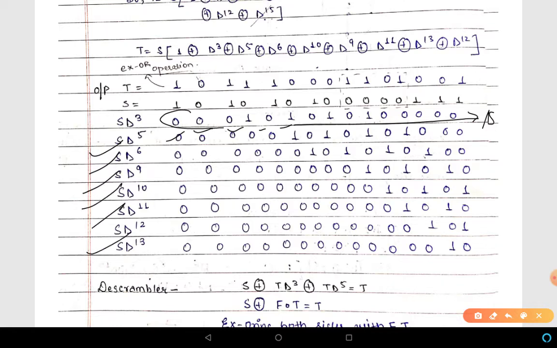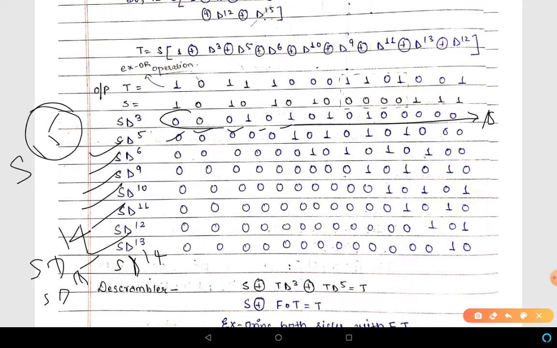And suppose you get sd14 anywhere, then it should also come here. And if you get sd15, so what is sd15? sd15 is basically the sequence s delayed by 15 bits. So if you delay the sequence by 15 bits, then you are going to get all zeros.